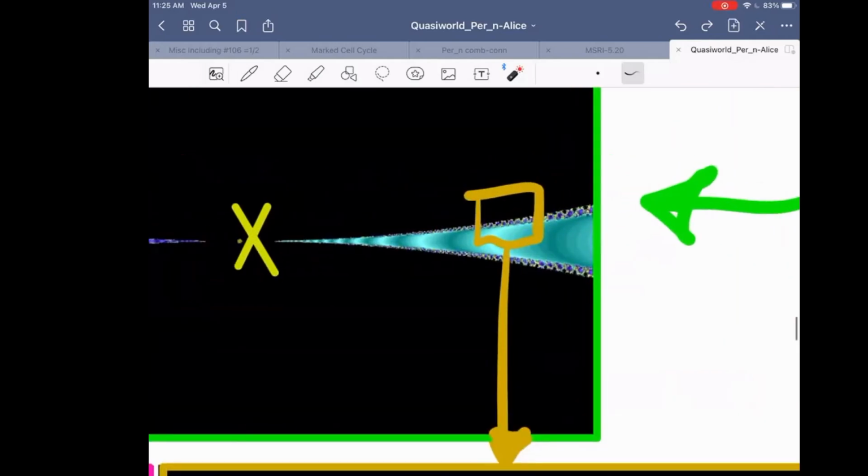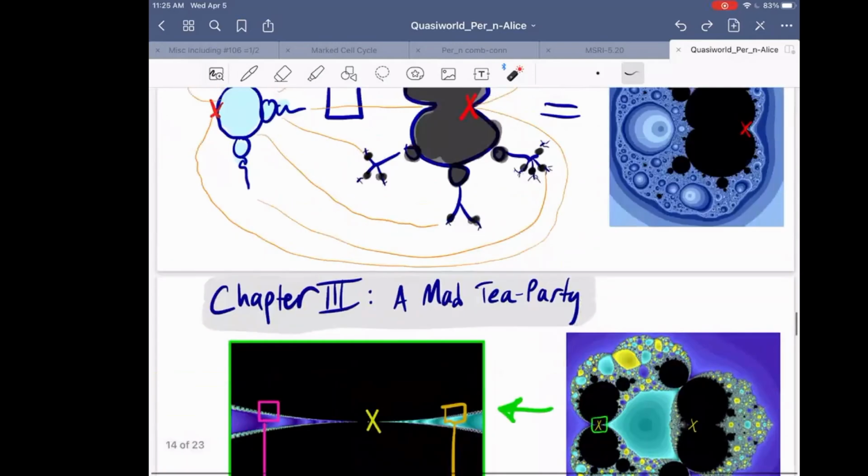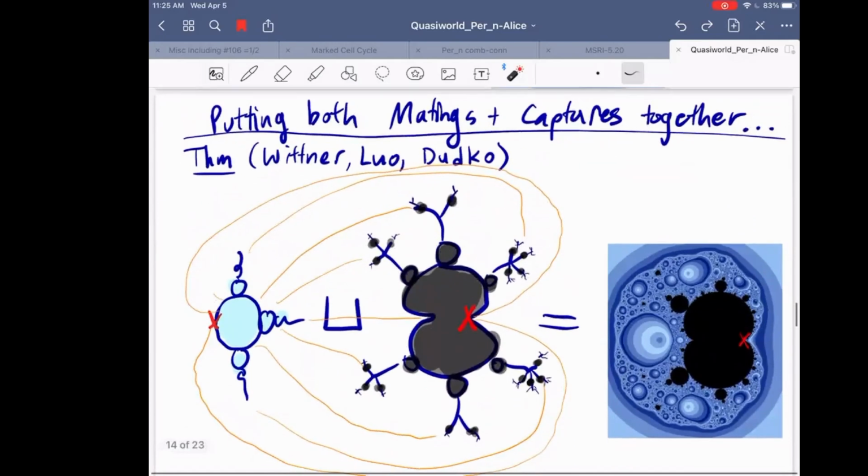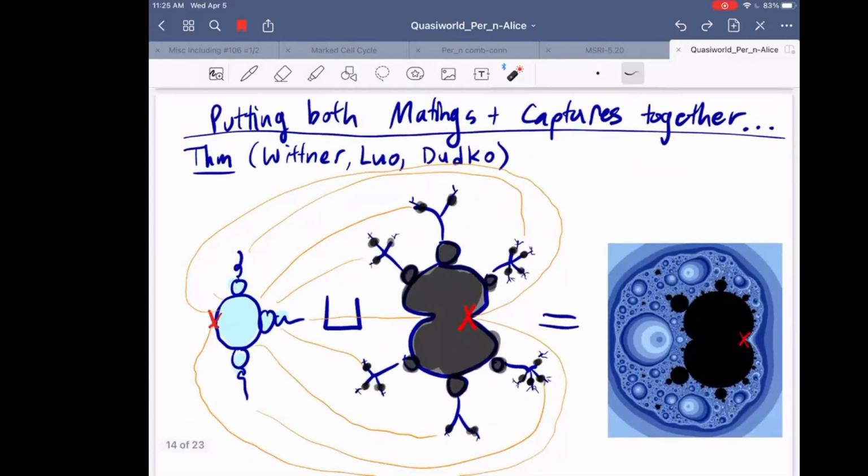So a quick question. Yes. So would you say that this somehow gives a complete understanding of this Per_2 set? It shows that you have the combinatorial rays of how to organize all your hyperbolic components, and you have these veins. But in Dima's paper, he was also trying to prove independently that the M2 non-escaping set is locally connected, independent of whether or not the Mandelbrot set is locally connected.